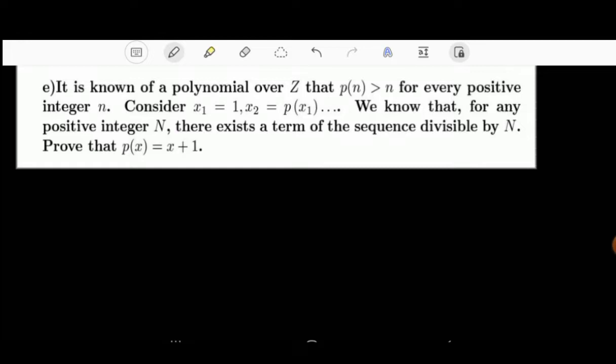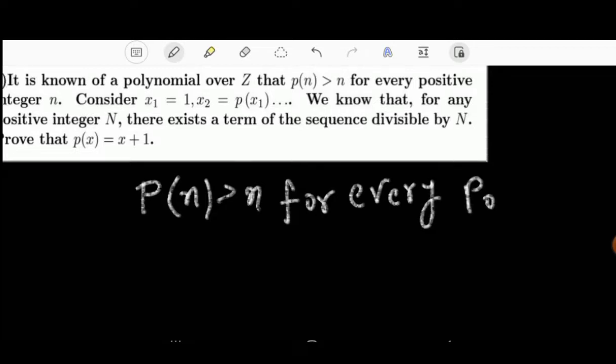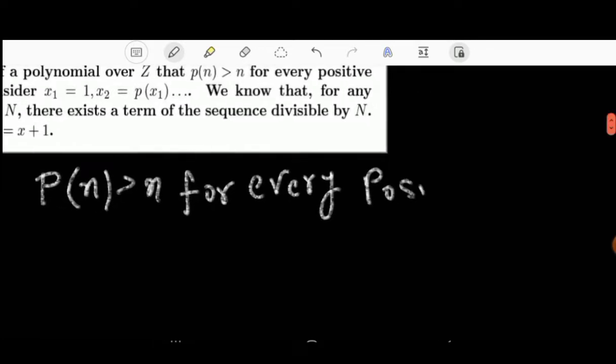So the first thing that we know is P of n is greater than n for every positive integer.